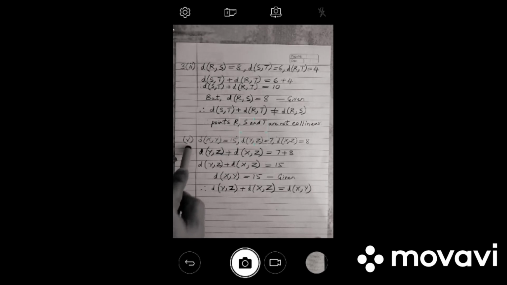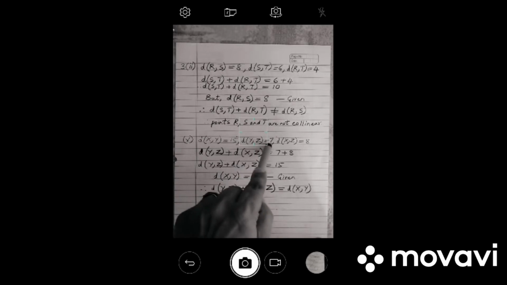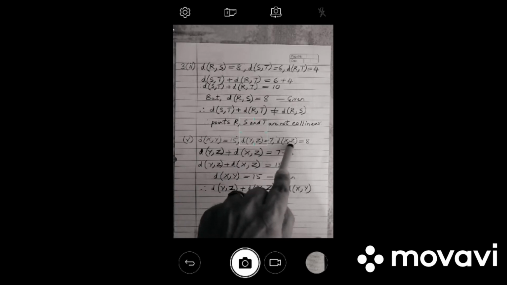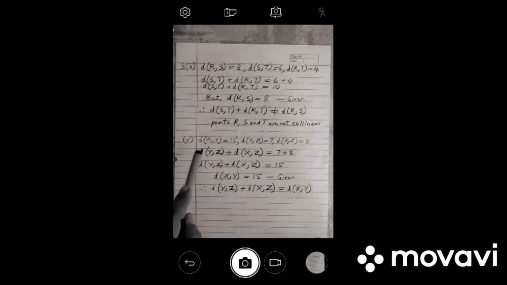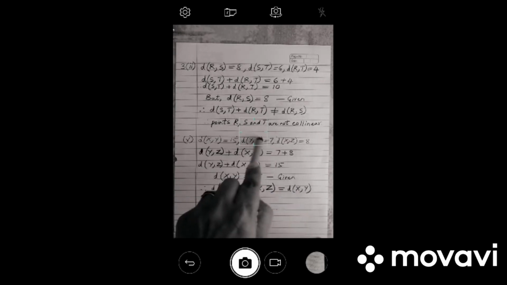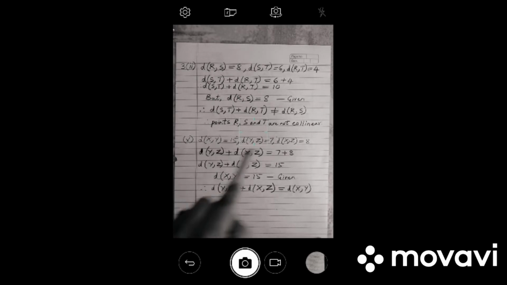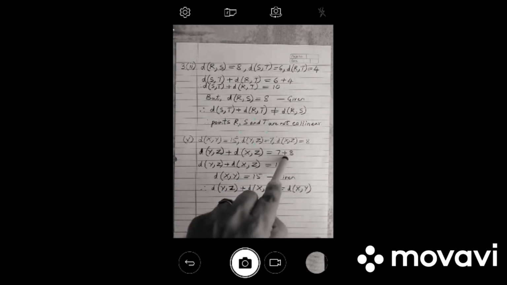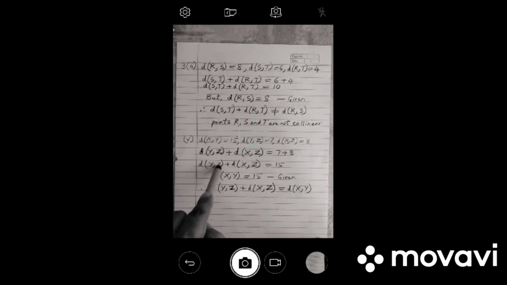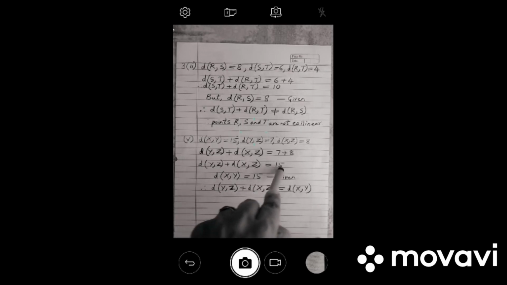Now the fifth one, distance XY is equal to 15, distance YZ is equal to 7 and distance XZ is equal to 8. Now again this is 15 and this is 7 and 8. So 8 plus 7 is 15. So we have to add these two. So distance YZ plus distance XZ is equal to 7 plus 8. Therefore distance YZ plus distance XZ is equal to 15.